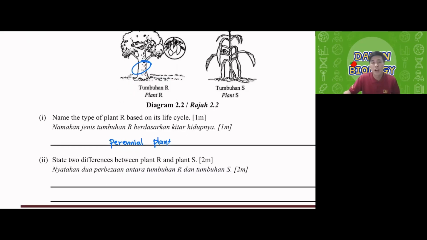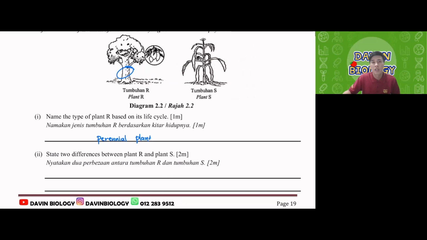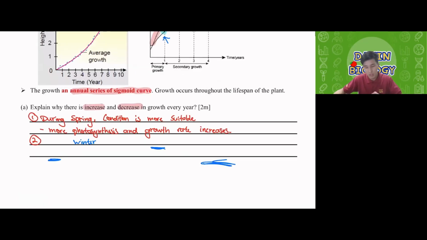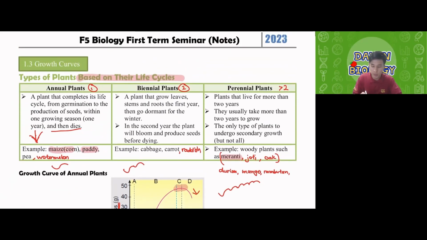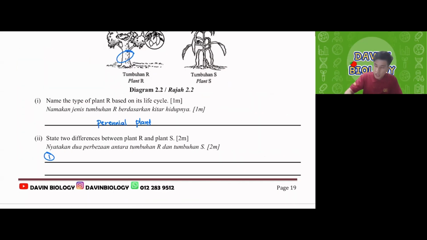Two differences between plant R and S. Okay, so plant R and S got two differences. Number one, you can talk about the life cycle difference first. Right? So life cycle means how long they live. So one year and many years. Okay, but don't say live for 1 year, live for many years. Now I want you to write like this.